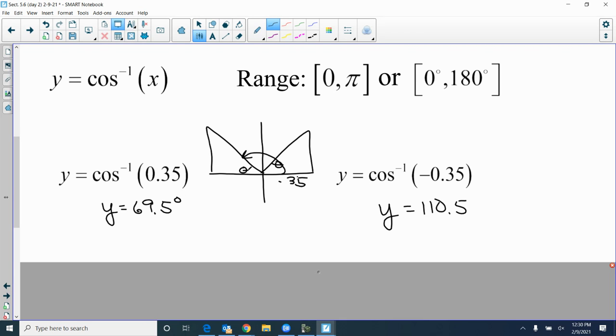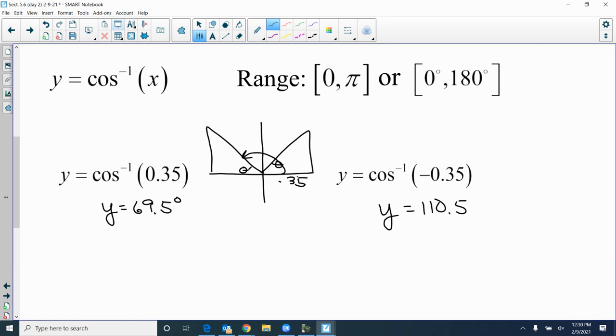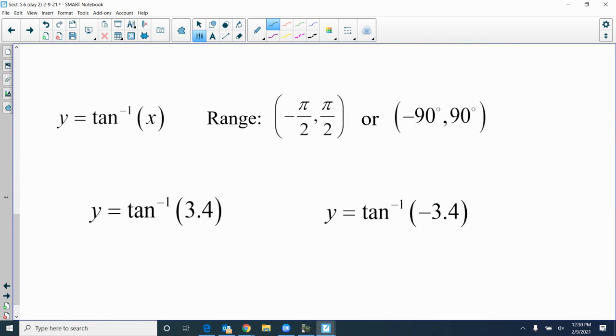These numbers need to be between negative 1 and 1, or else it's undefined. For tangent, you can take the inverse tangent of anything. Okay? All right, so use your calculator, see if you can figure out, and then figure out the other one with or without your calculator. That doesn't matter.